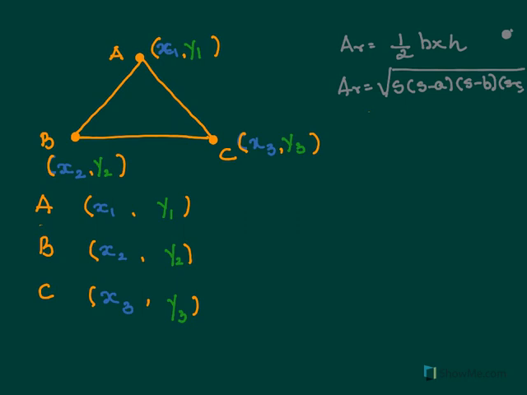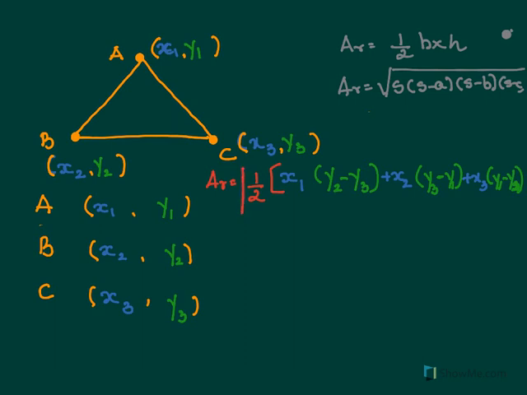And we need to learn this formula. The area of the triangle will be equal to half, you open the bracket, then you have x1 times (y2 minus y3), plus x2 times (y3 minus y1), plus x3 times (y1 minus y2), and we put a modulo sign.